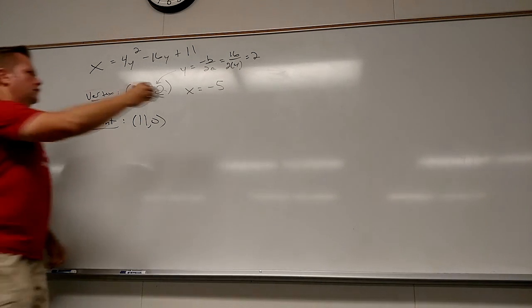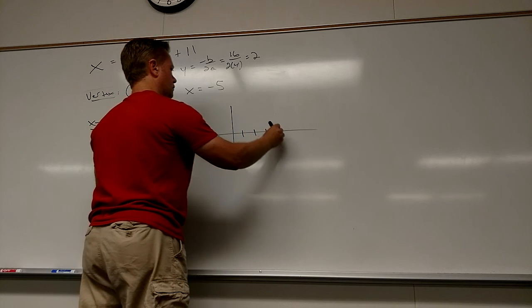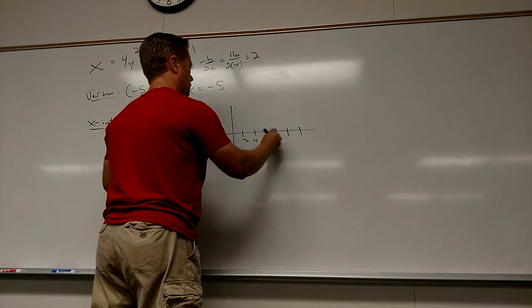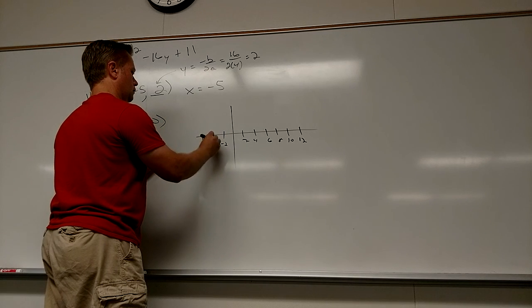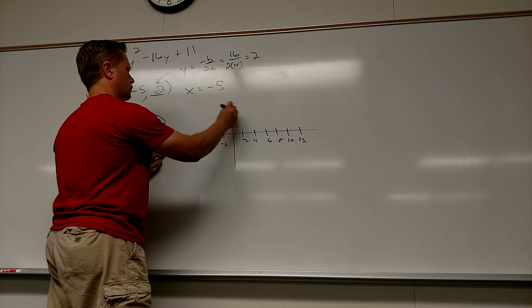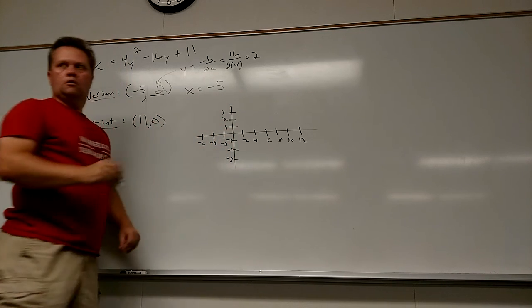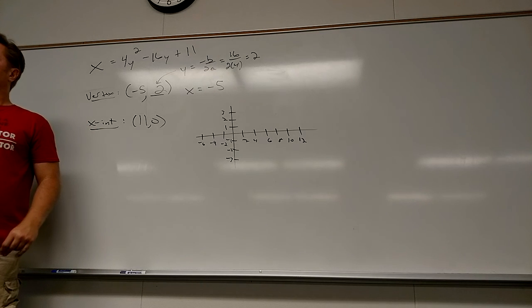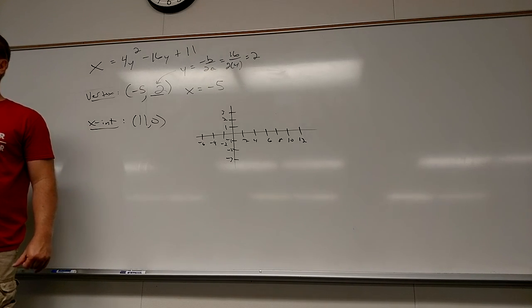So I'm trying to graph this. How did you find the x-intercept again? How do you always find the x-intercept? Make y 0.